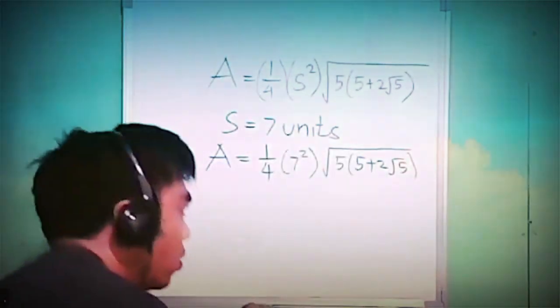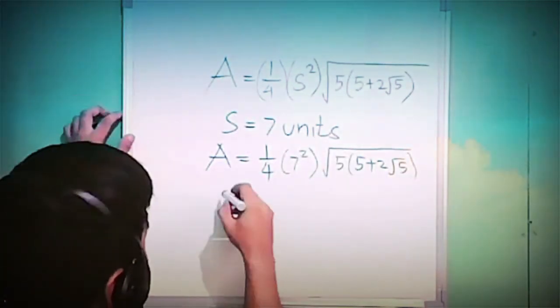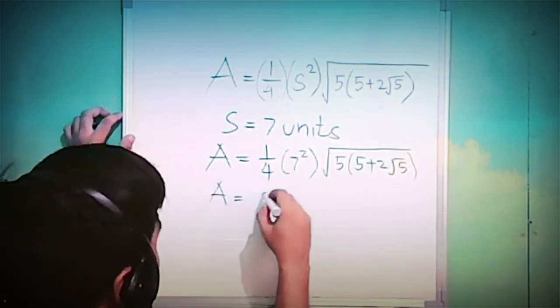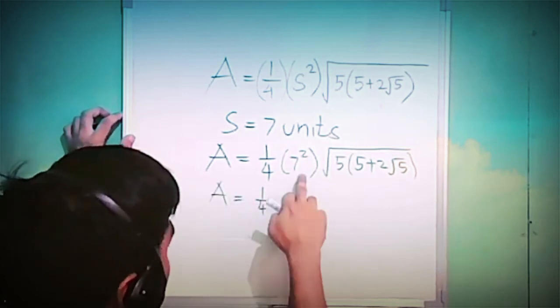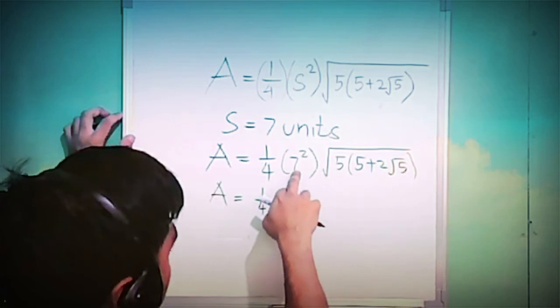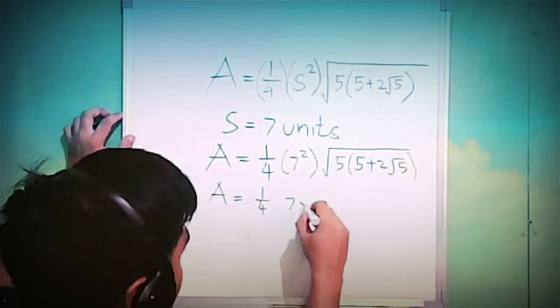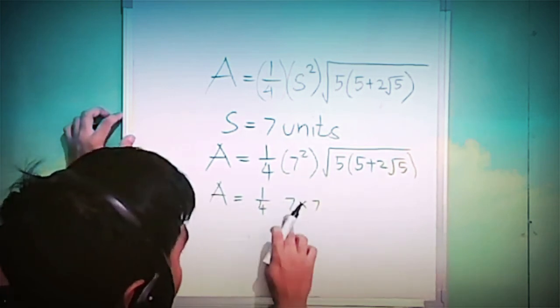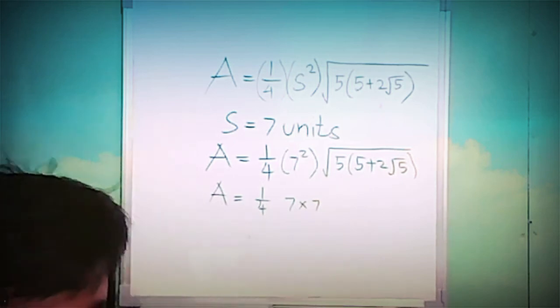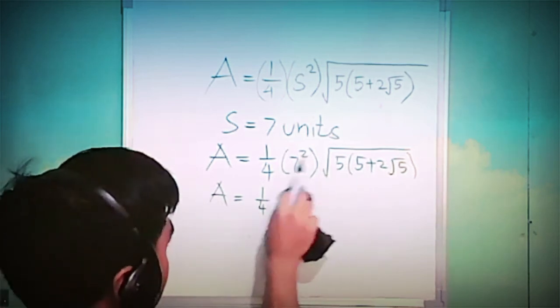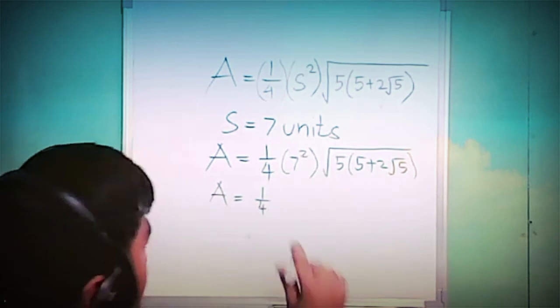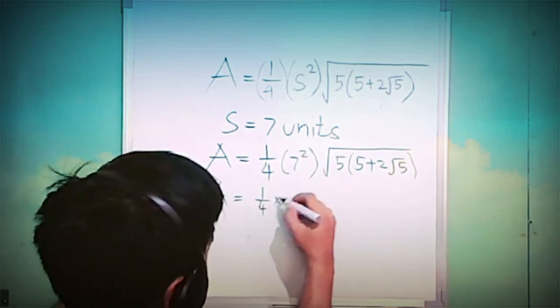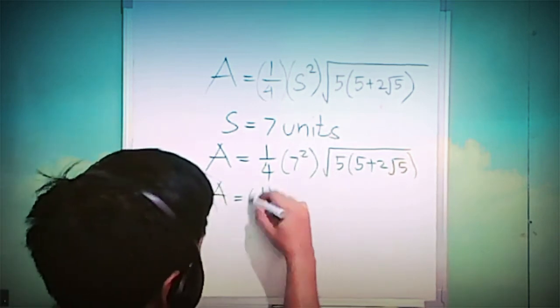Let's simplify this to get the answer. A equals 1/4. This one can be written as 7 times 7, which equals 49.